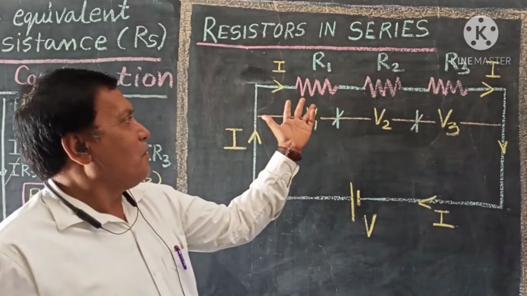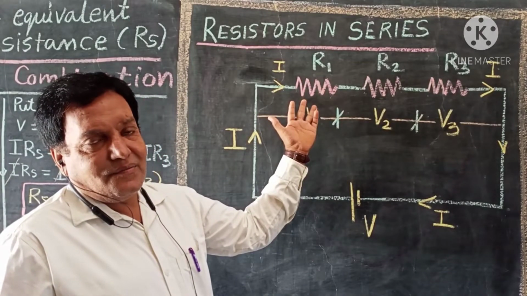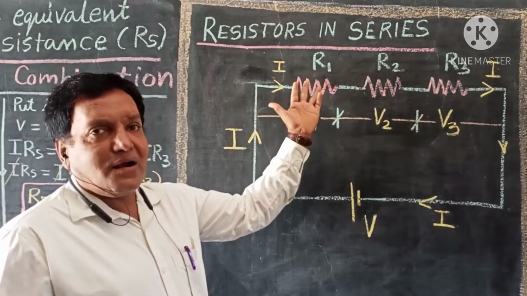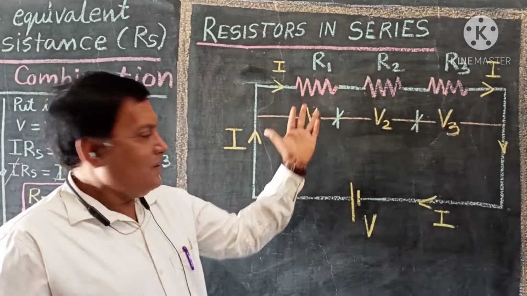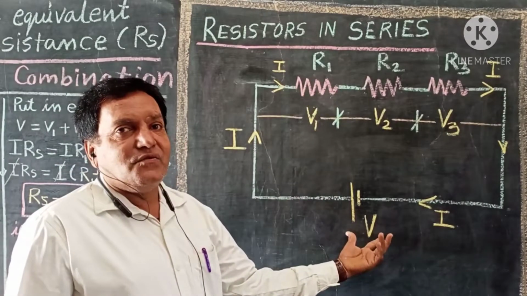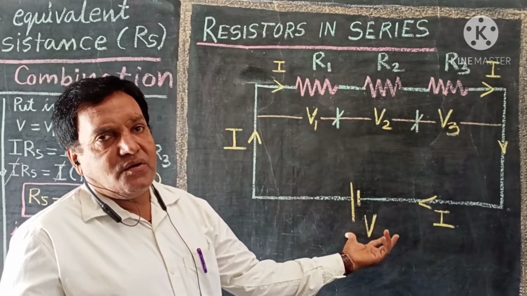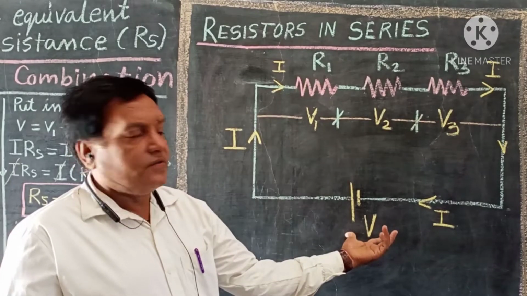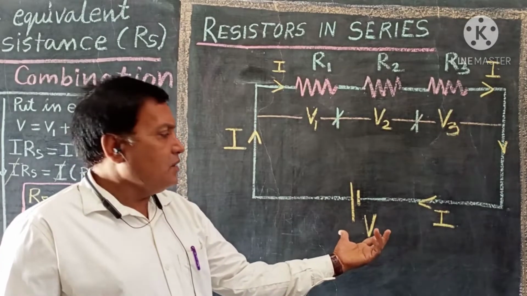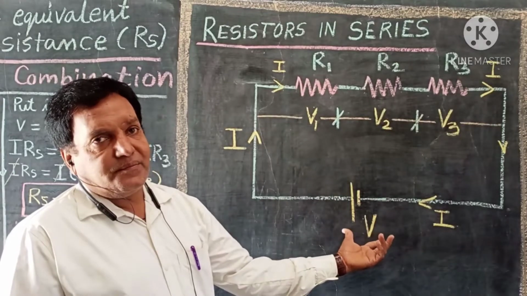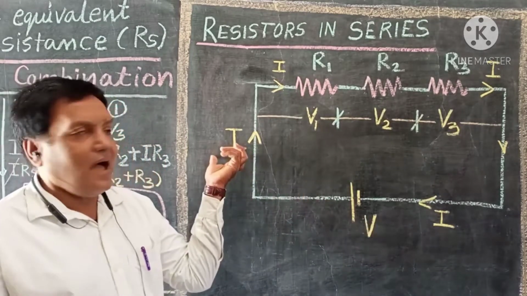And here is the potential difference or voltage taken by resistor R1. The total voltage supplied is V volts. We know that the unit of voltage or potential difference is volts. So the total voltage supplied is V, and the total current flowing is I.